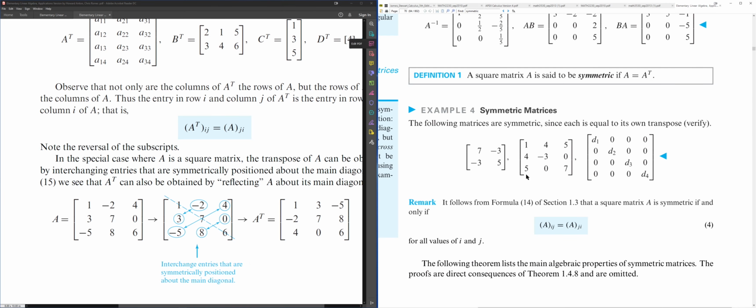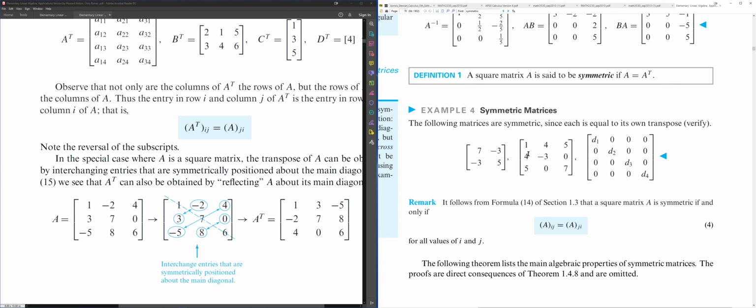The next way you can see what a symmetric matrix is: this is your main diagonal. For the first matrix, the main diagonal is 1, 7, 6. For the middle one, you have a symmetry about your main diagonal.